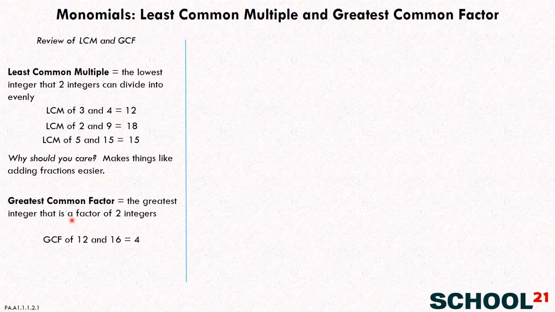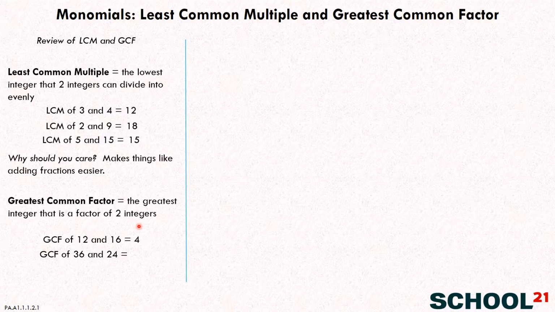The greatest common factor of 12 and 16. So it's the biggest number that divides into 12 and 16. So you could say, well, 1 divides into 12 and 16, and 2 divides into 12 and 16, right? Right. But those aren't the greatest ones. The greatest one is 4 that divides into 12 and 16. Make sense? Yeah.